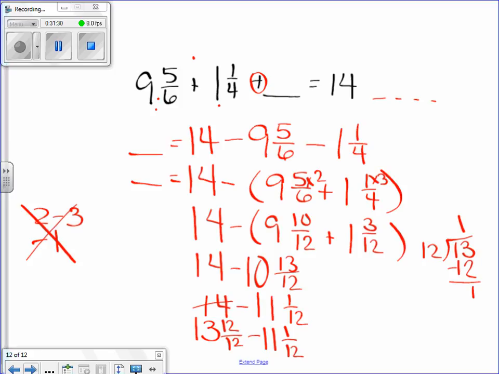Didn't you have it just a minute ago? Yeah. 12 minus 1 is 11. Denominator of 12. 13 minus 11. Yes. Oh, I thought you had 2 and 11. If you subtract 14 minus 11, then you got your answer.